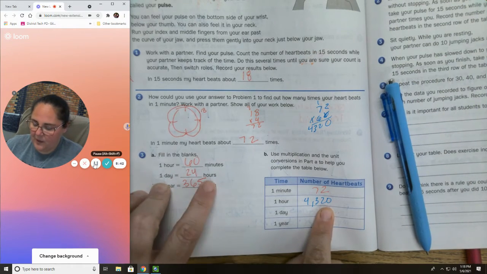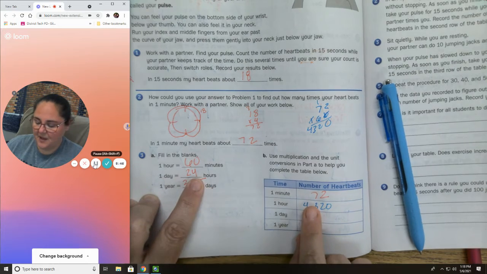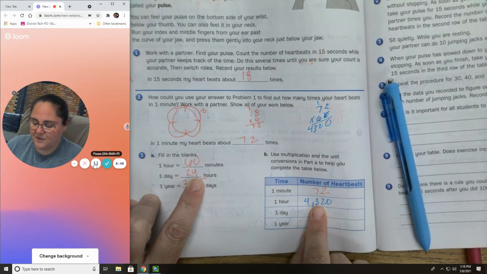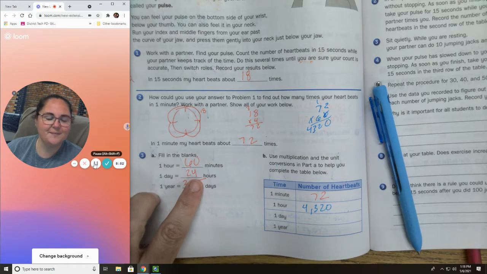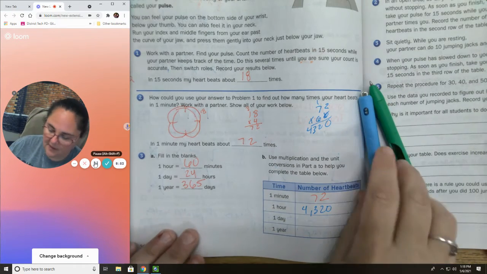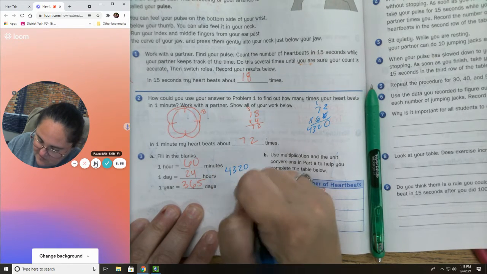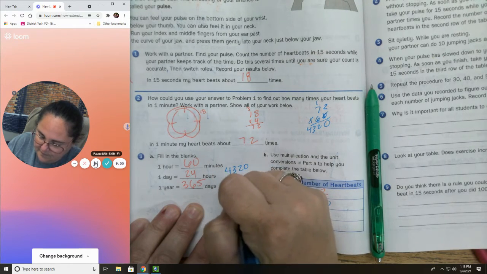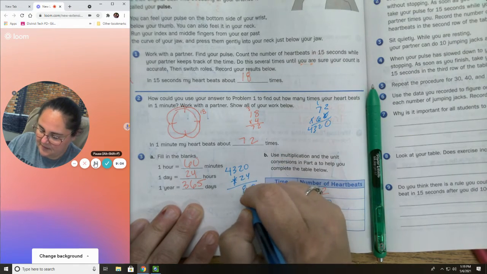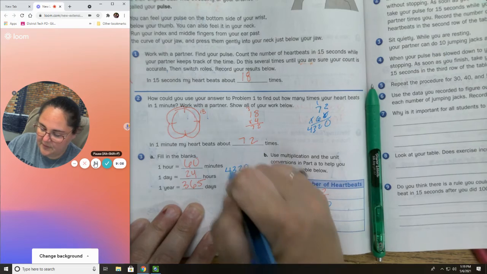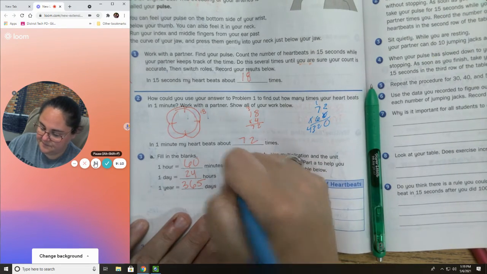If that's for 1 hour, how many is it per day? So I'm going to multiply 4,320 times 24. Do the math. All right, here we go. 4,320 times 24. 4 times 0. 4 times 2 is 8. 4 times 3 is 12. Carry my 1. 4 times 4 is 16, plus 1 is 17.